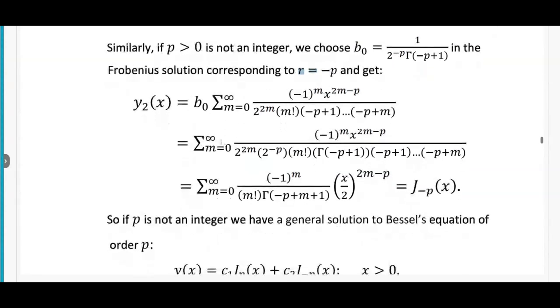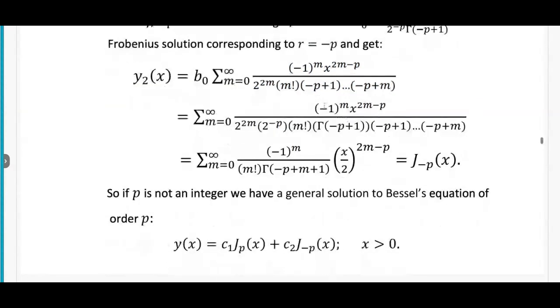And if we do this, what do we get? We have b naught multiplied by this, just as similarly as a naught multiplied by the mth term. So we combine and simplify.